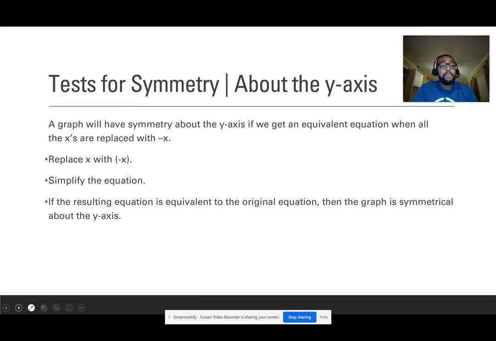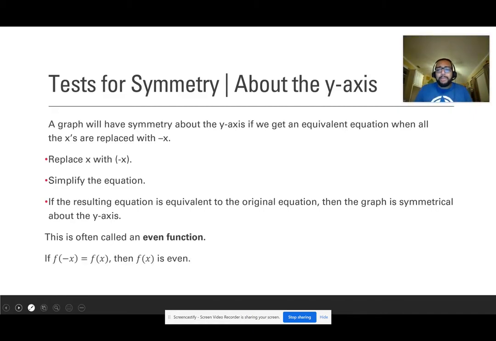And then if your resulting equation is equivalent to your original, boom, you're symmetrical about the y. A couple things about that is this is often called an even function. So when I just say, hey, what's an even function? I'm talking about it's symmetrical about the y-axis.